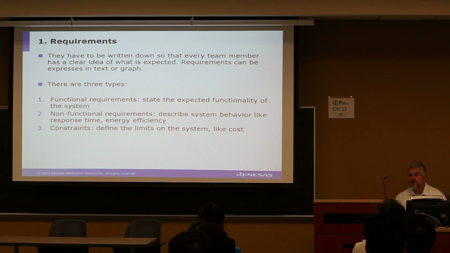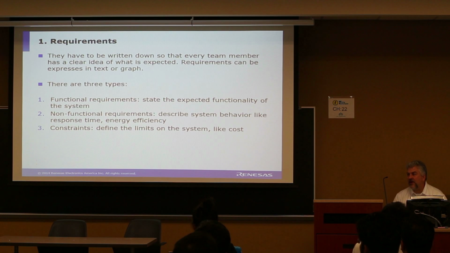So requirements. This is very important with respect to any project that you work on. They should be clearly written so that every team member has an idea of what's expected. In other words, what you are identifying is the functionality of your device.